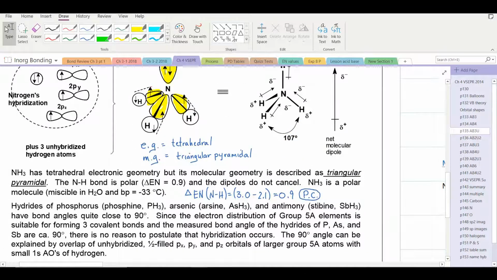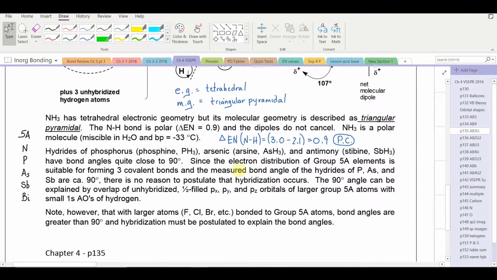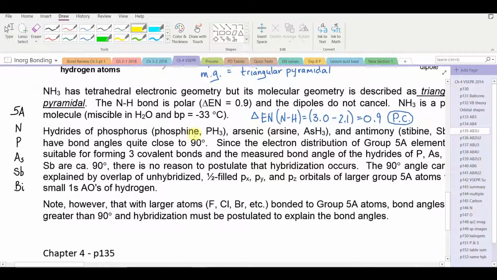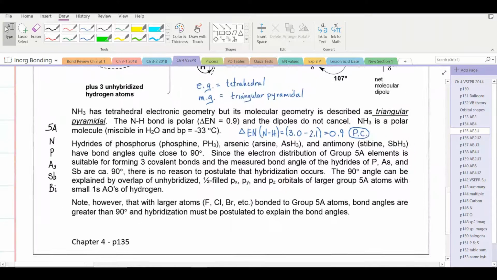Now, we should point something out here. The hydrides of phosphorus, arsenic, antimony, and even bismuth have bond angles that are quite close to 90 degrees. And since the electron distribution of these 5A elements is suitable for forming 3 covalent bonds, and the measured bond angles of the hydrides of phosphorus, arsenic, and antimony are approximately 90 degrees, why are we postulating hybridization?